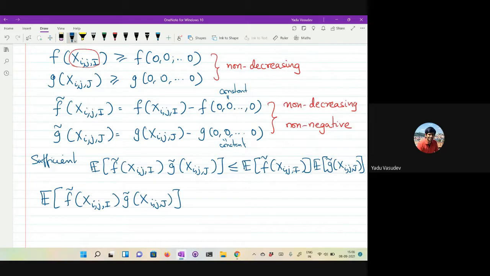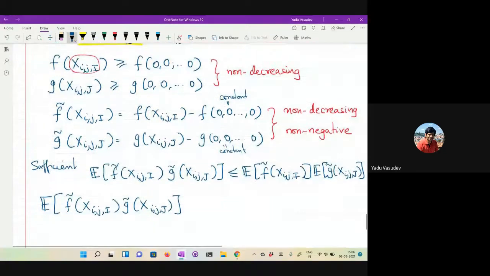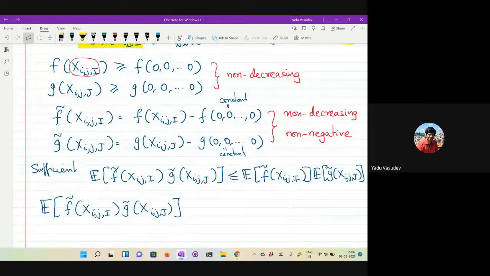What can you say about this expectation? Now, you need to use the fact that the x_ijl are random variables corresponding to the hash function assigning the element j to the i-th hash function, assigning the element j to the position L. You need to use that knowledge.